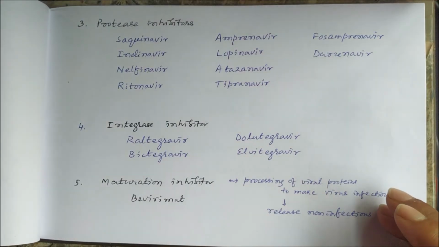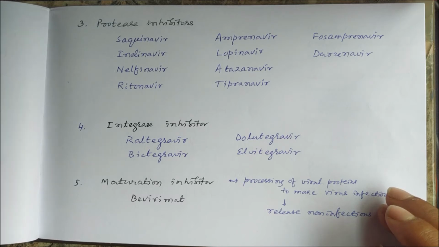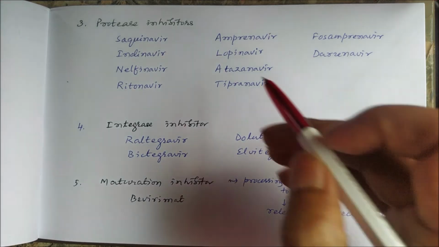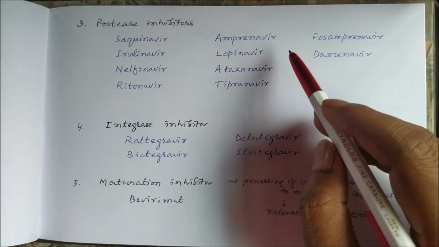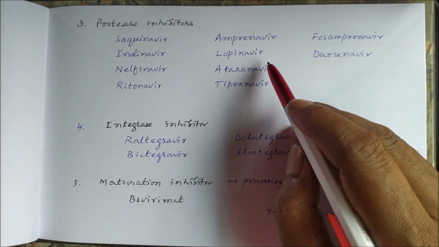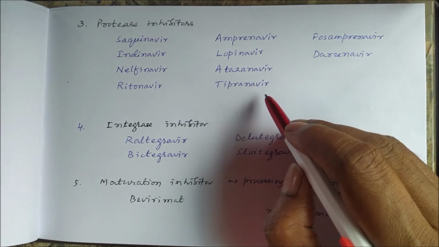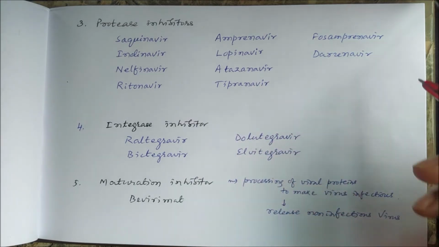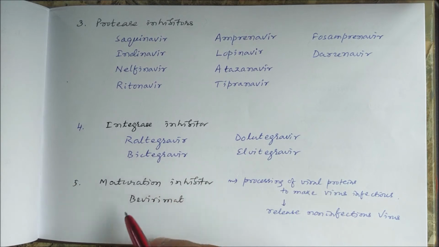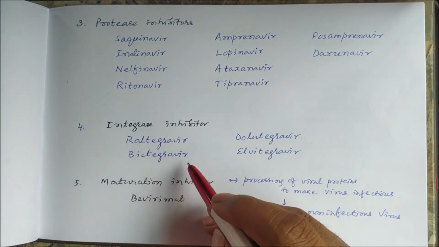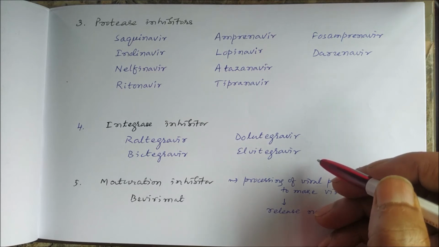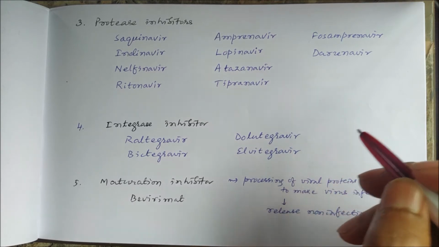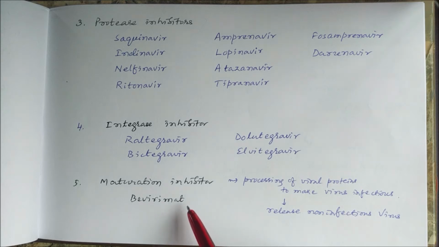Then protease inhibitors like saquinavir, indinavir, nelfinavir, ritonavir, amprenavir, fosamprenavir, lopinavir, atazanavir, tipranavir, darunavir. Then we can have integrase inhibitors like raltegravir, bictegravir, dolutegravir, elvitegravir. And a new drug, bevirimat, is there, which is a maturation inhibitor.